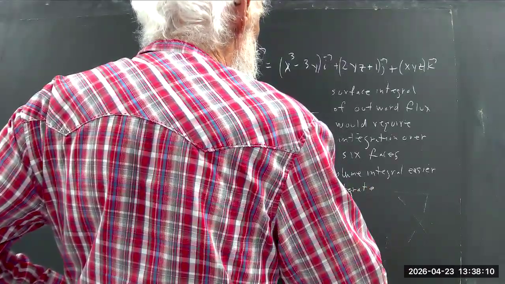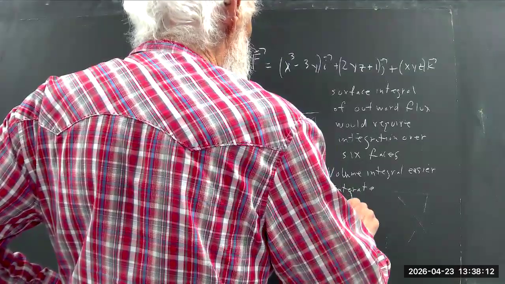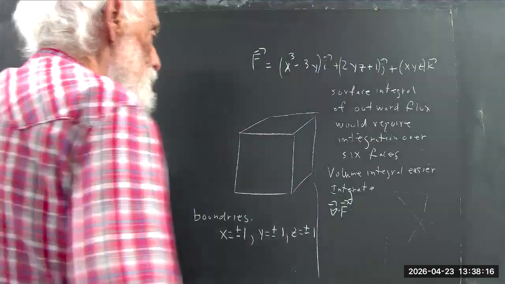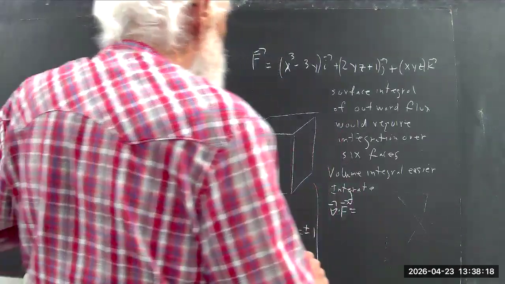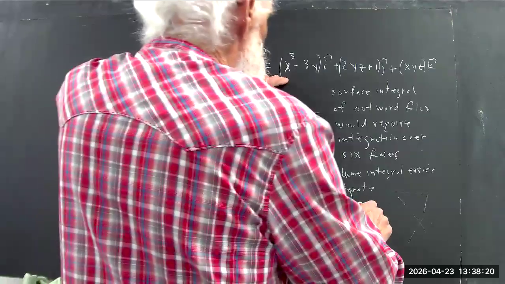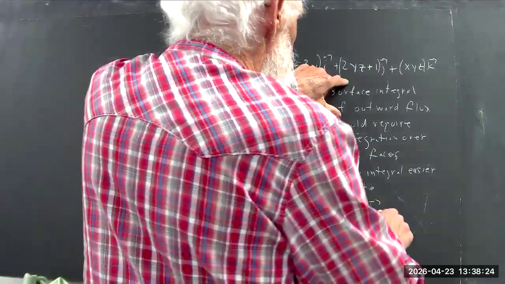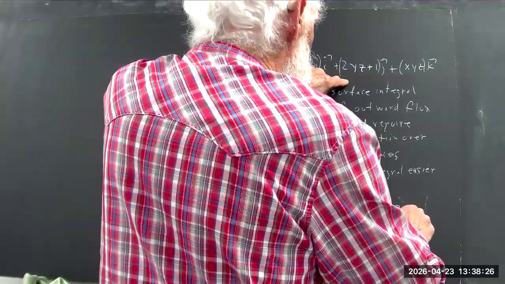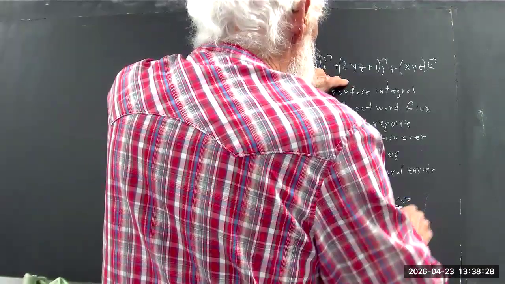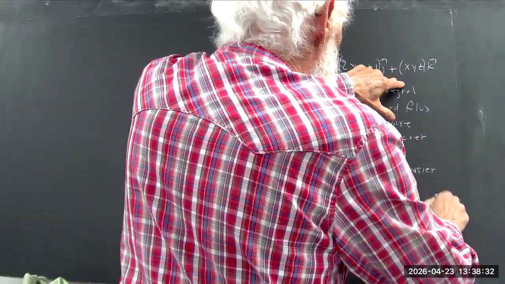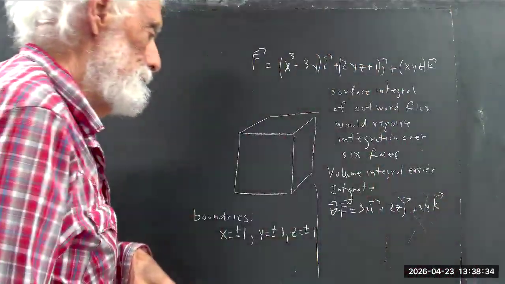Integrate the divergence. Del dot L equals what? Well, it's going to be 3x i, and I'm just going to write this down without comment, plus 2z j, plus xy k.